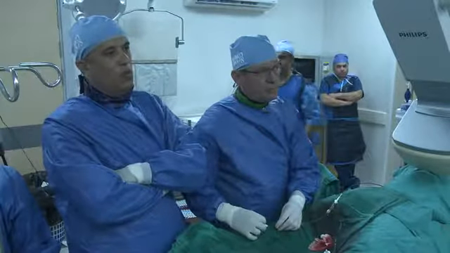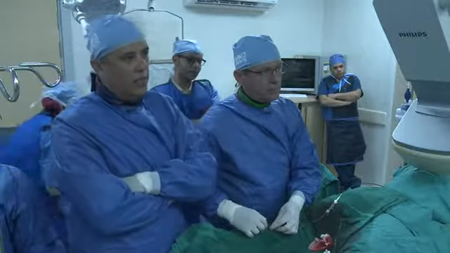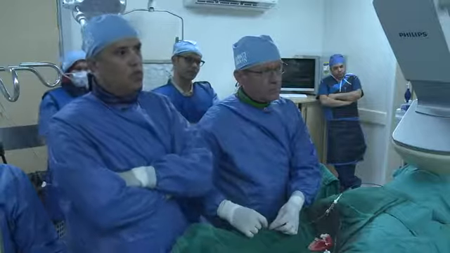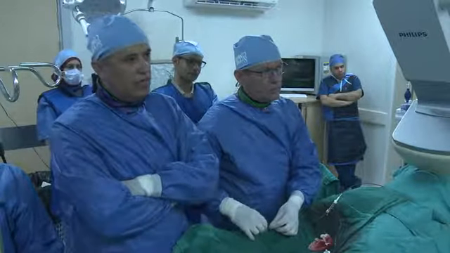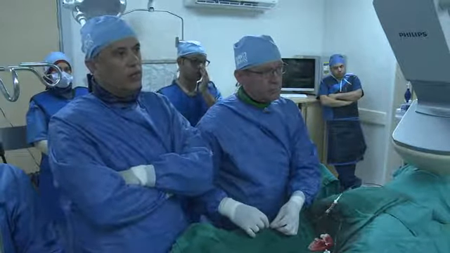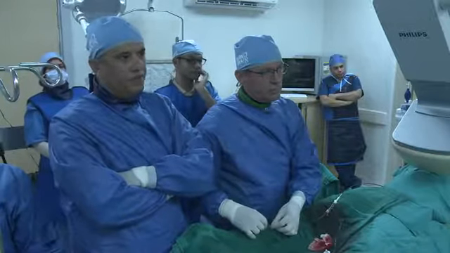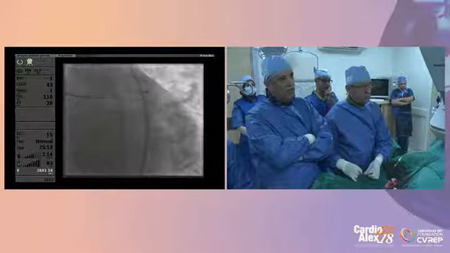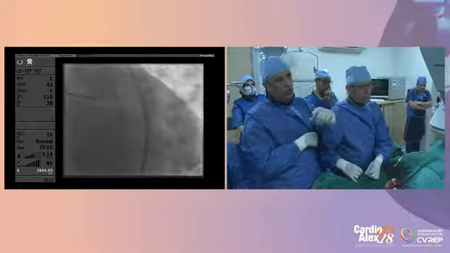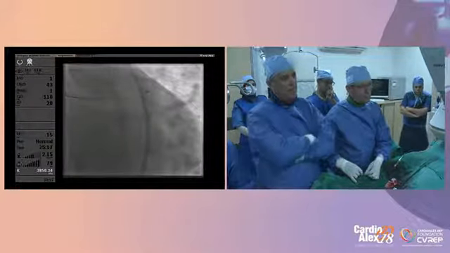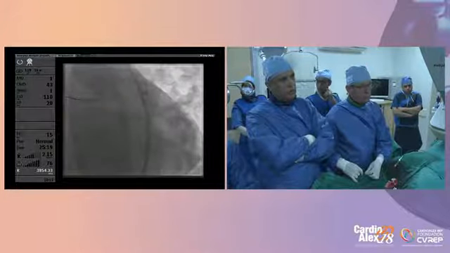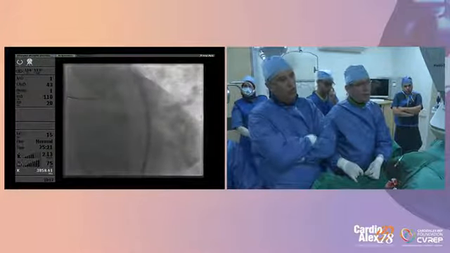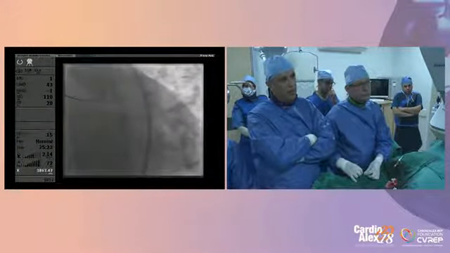Okay, so now, in the last few minutes, we put a PT2 wire in the LAD, as you can see here. Then we took a Pilot 50 first, trying to hit the proximal plaque of this ramus intermedius, but unfortunately the wire usually prolapses into the LAD or LCX. Then we upgraded to Pilot 200 and the same problem happened.